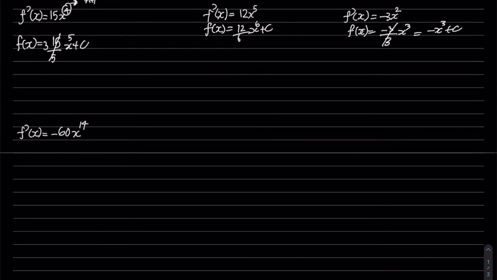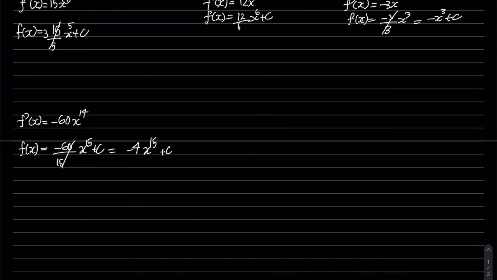Now, this one, negative 60 over 15. Oh, sorry, x to the 15 plus c. So give you negative 4 x to the 15 plus c.